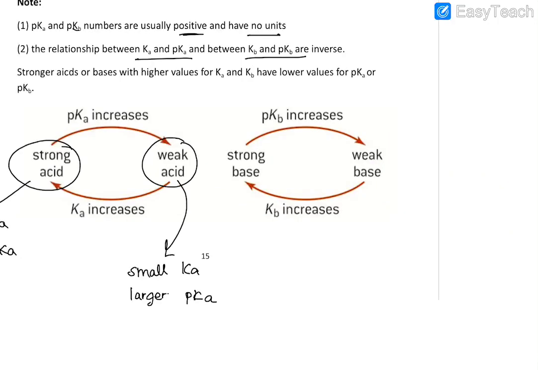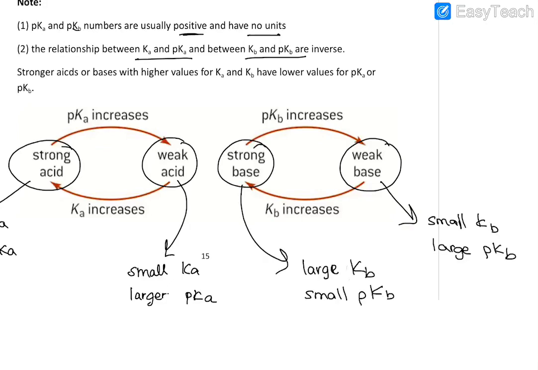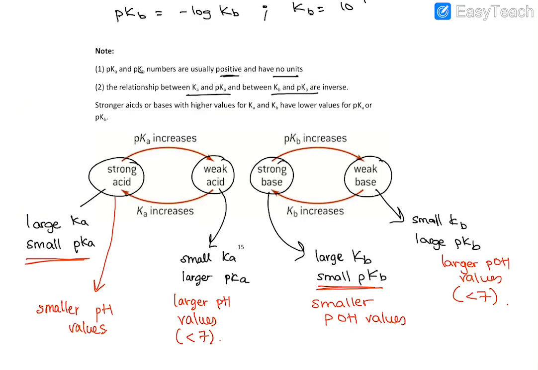And for bases, a weak base is going to have a small Kb value, and a strong base will have a large Kb and a small pKb value. So just that you can compare and understand better. So a strong acid, if you look at the pH, will have small pH values and a weak acid will have larger pH values.